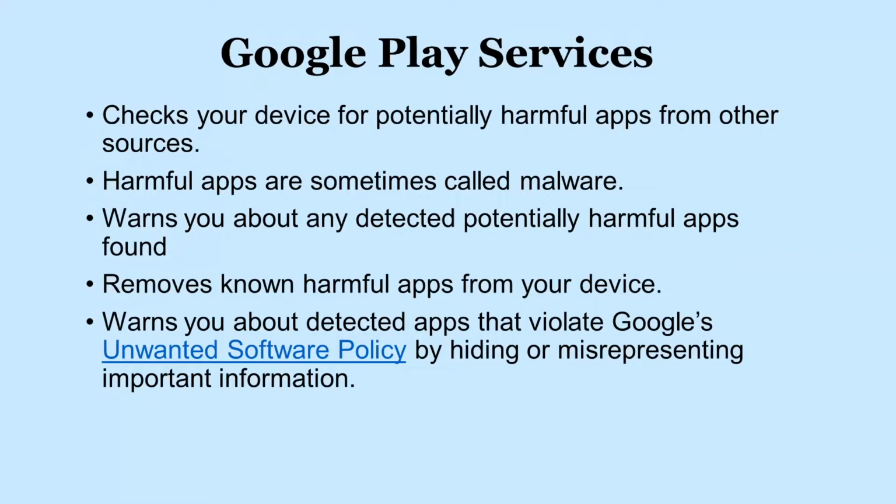Now we have to worry about ransomware and other forms of malicious software. Google Play services will also remove harmful apps from your device and warn you about detected apps that violate Google's unwanted software policy because they hide or misrepresent information.